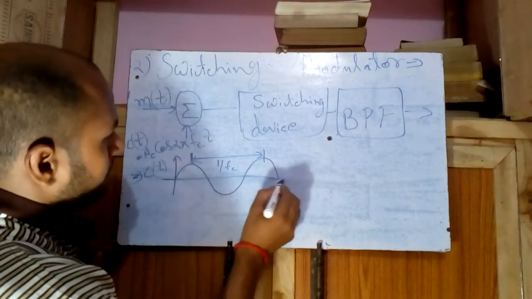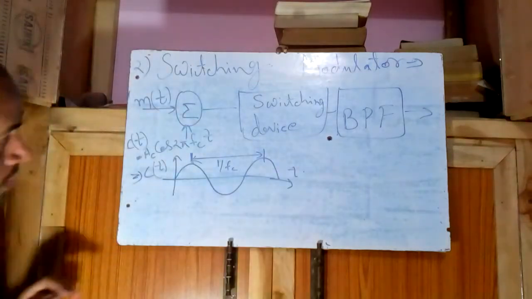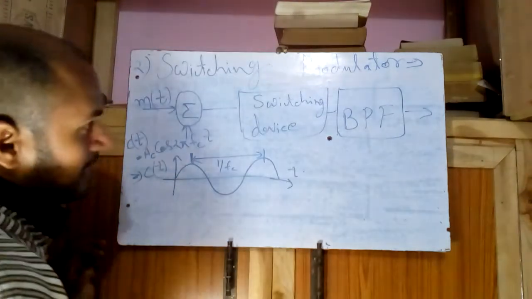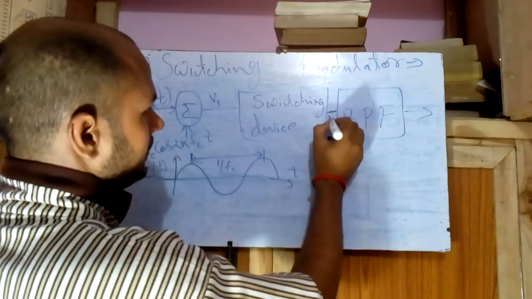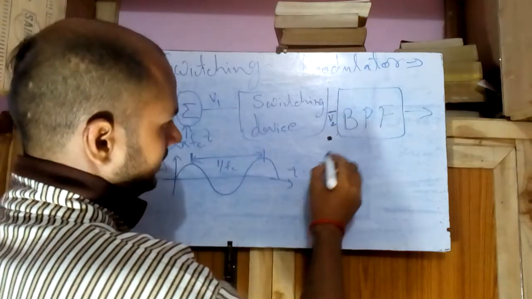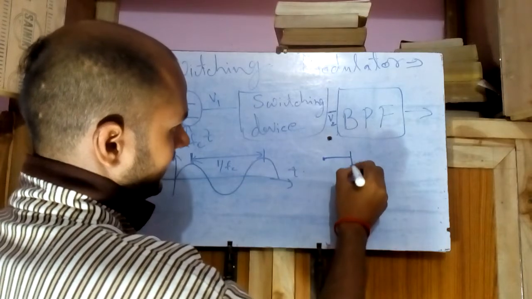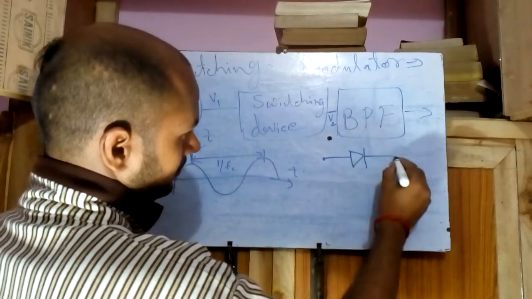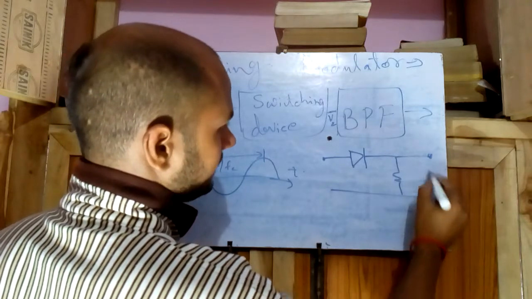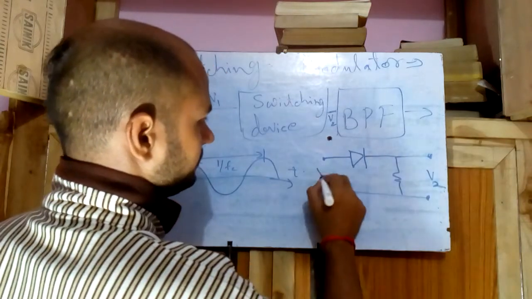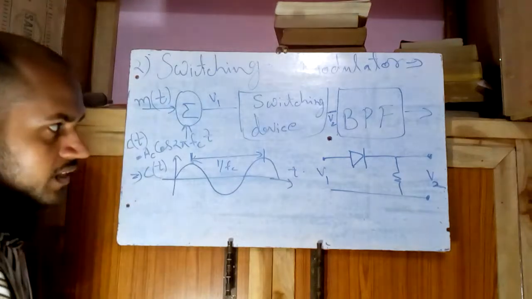So here we will consider the diode is ideal. If it is V1, here it is V2, then the circuit diagram will be like this. Here the diode is ideal.